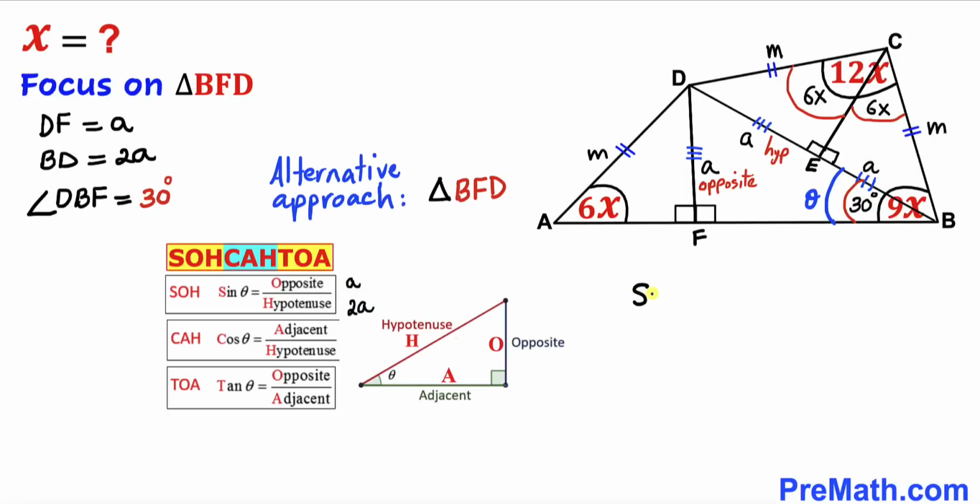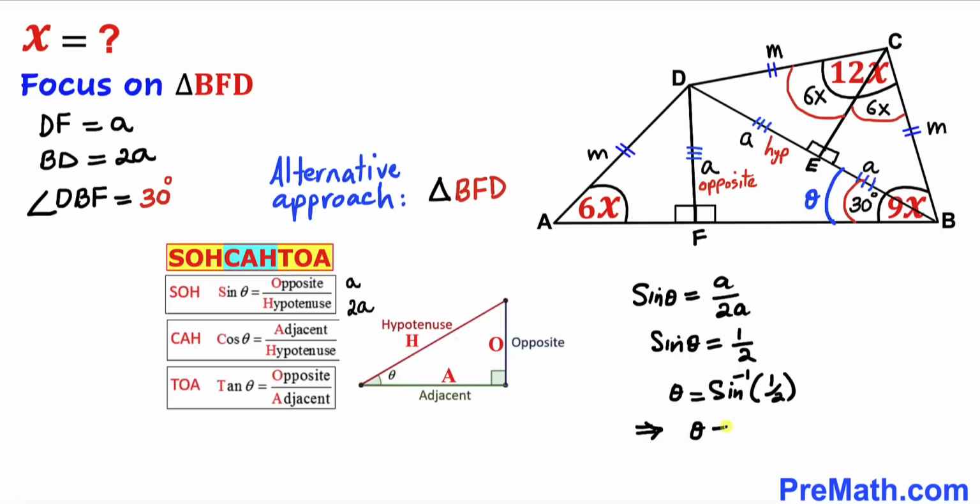So our sine of theta is going to be a divided by 2a. That means sine of theta equals 1 divided by 2. In other words, theta is going to be equal to sine inverse of 1 divided by 2. And if we use a scientific calculator, our angle theta is going to be simply 30 degrees. So no wonder this angle theta is 30 degrees.